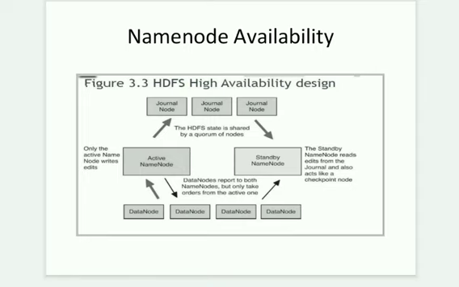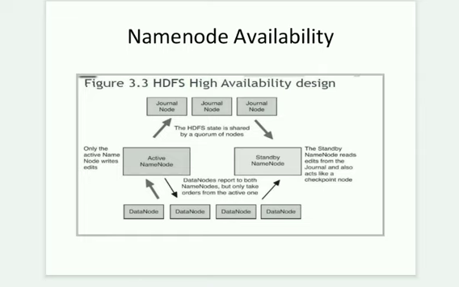Whenever a client requests some data, it first asks the active name node, not the standby name node. But the standby name node acts as a checkpoint node, so it keeps some logs. Whatever request comes to the active node is also stored in the standby name node, but the standby name node will not process that data. The processing of data is done only by the active name node.